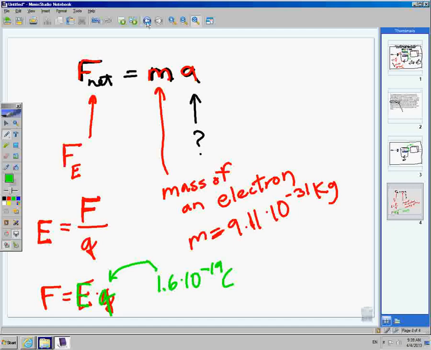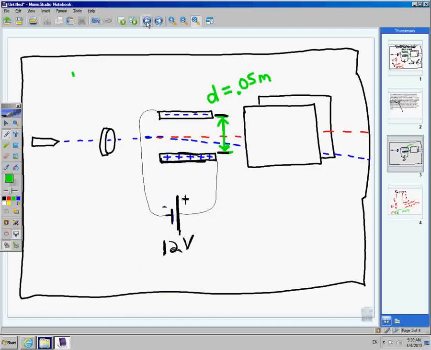If they give the voltage of the battery connected to the plates and the distance, there's a formula: voltage equals electric field strength times distance.